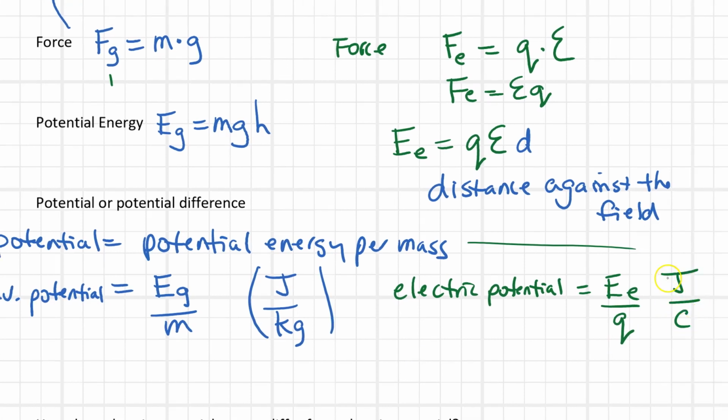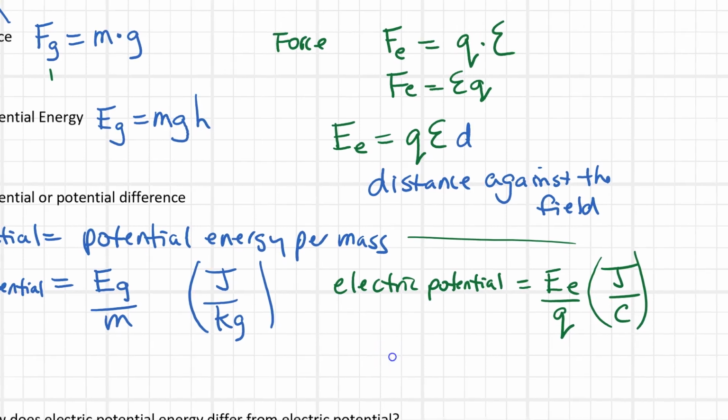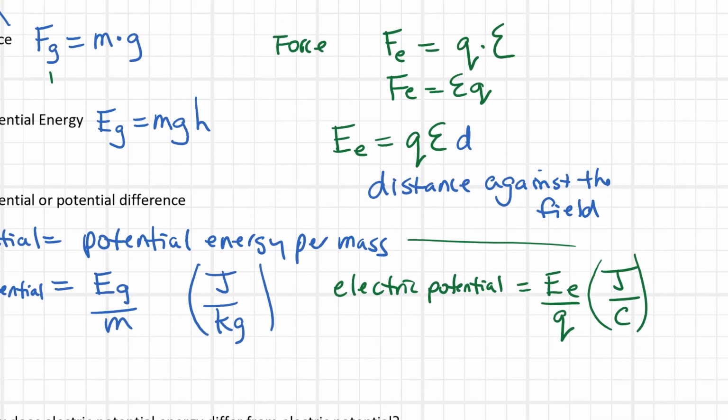joules per coulomb. Now, we do have a letter for electric potential, and we do have a special unit which is equivalent to joules per coulomb. So instead of electric potential, we can use V, and V is equal to EE over Q, and besides joules per coulomb, we can use volts.